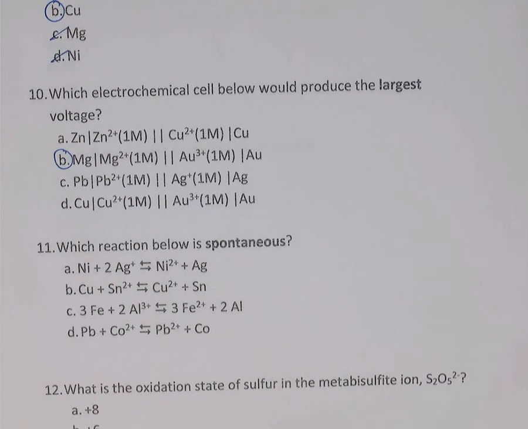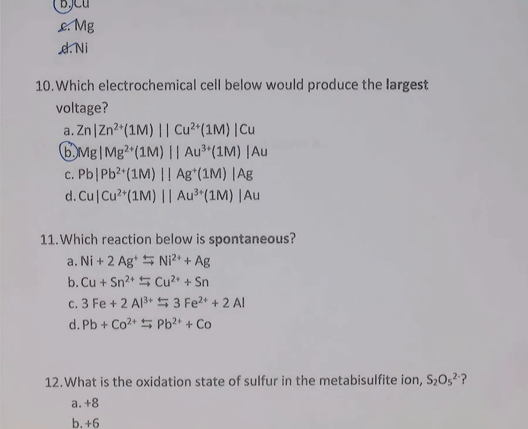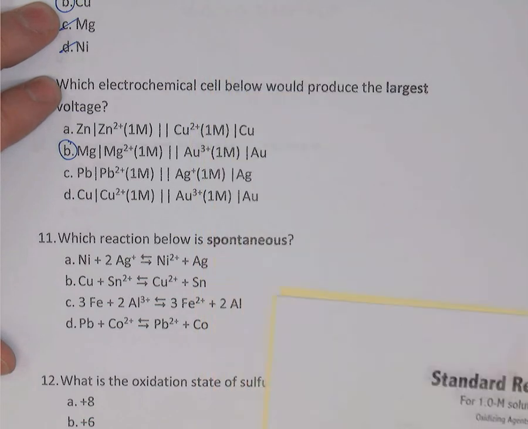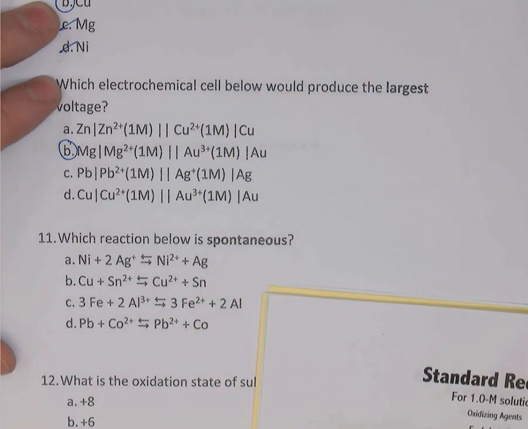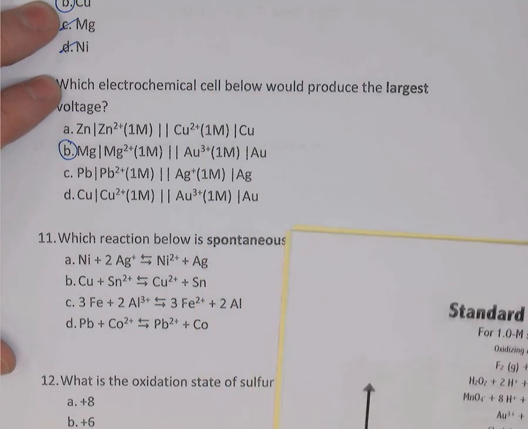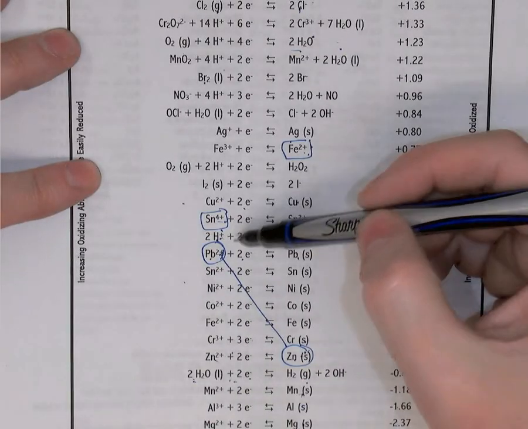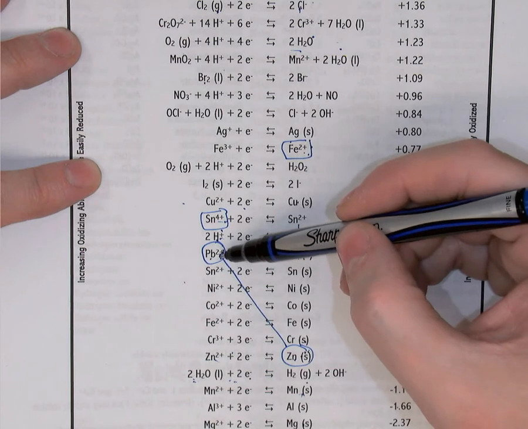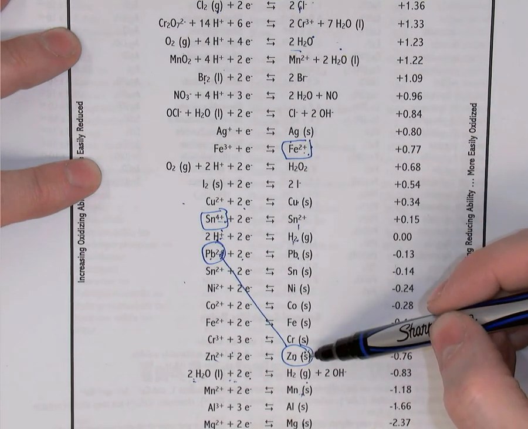Number 11, which reaction below is spontaneous? Well, again, that's that same concept that we were just discussing. To be spontaneous means it will produce a positive cell potential, and we know that positive cell potentials are produced when you have this pattern, something on the left reacting with something on the right below it.